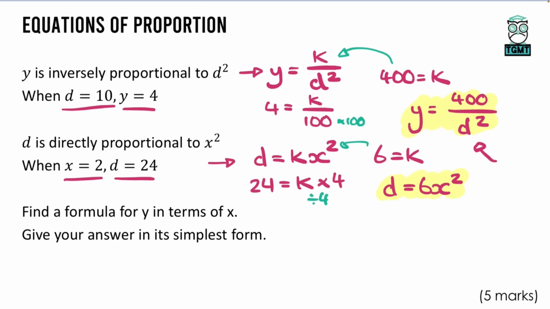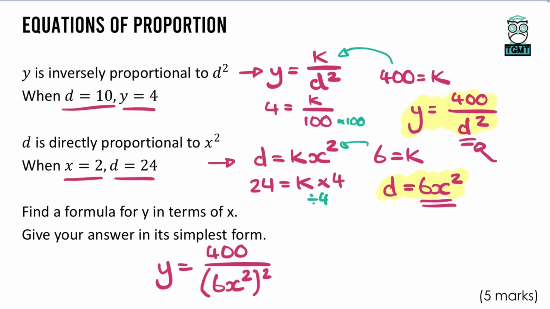To stop that from happening, we can replace the d there with what we have found out that is equal to, and it's equal to 6x squared. So all I'm going to do is replace the letter d with 6x squared. And when I do that, we get y equals 400 over 6x squared, but it was d squared, so that whole thing is still squared in this question.